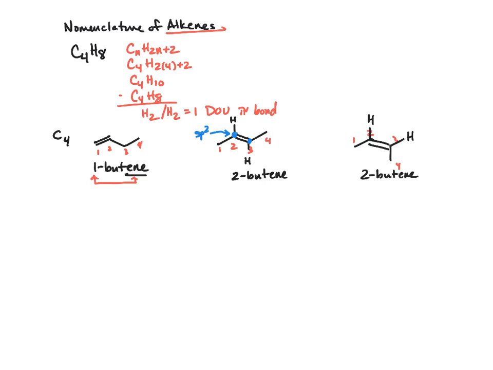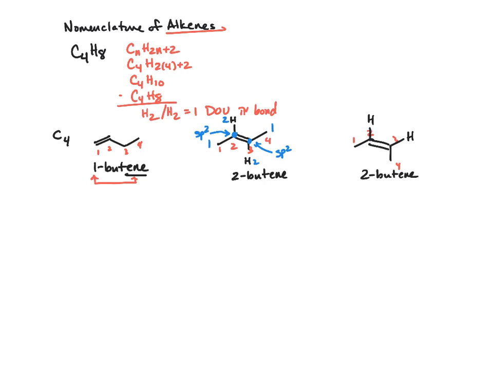So the carbon is going to take higher priority over the hydrogen, so I'm going to put a 1 here and a 2 there. Now I'm going to do that on the other sp2 hybridized carbon. So we have a 1 and a 2 for that hydrogen. So all we're doing for each sp2 hybridized carbon is comparing the priority rule, or atomic number basically, of the substituent bonded to that carbon.